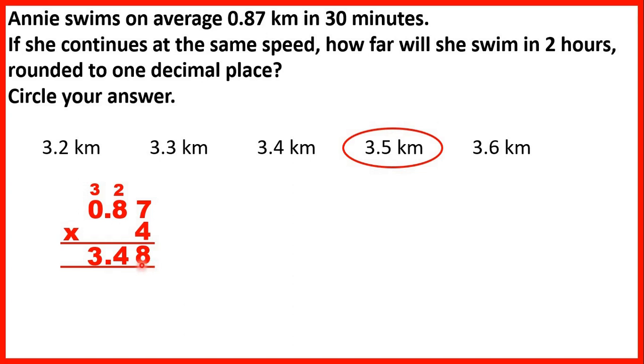So because we have an 8, because we have 5 or more, we round up, so this 4 becomes a 5. So 3.48 is closer to 3.5 than it is to 3.4. So that's why we need to round up to 3.5 kilometres.